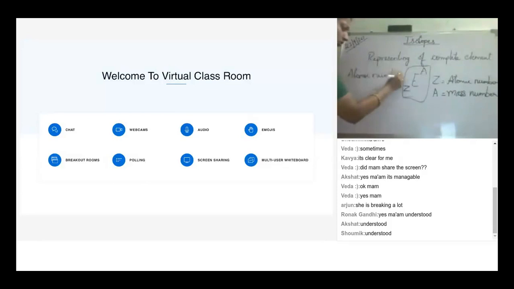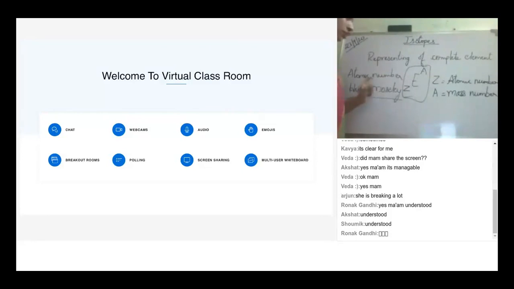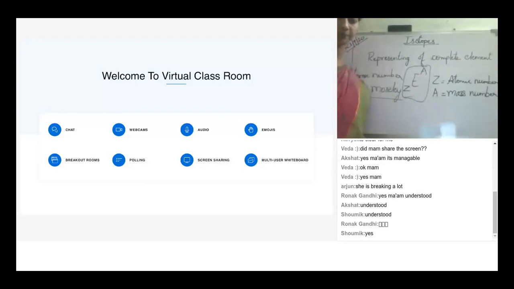Henry Moseley. Henry Moseley gave the concept of the atomic number. Atomic number is Z. A is nothing but the mass number. Understood? So this is the complete representation of the element.